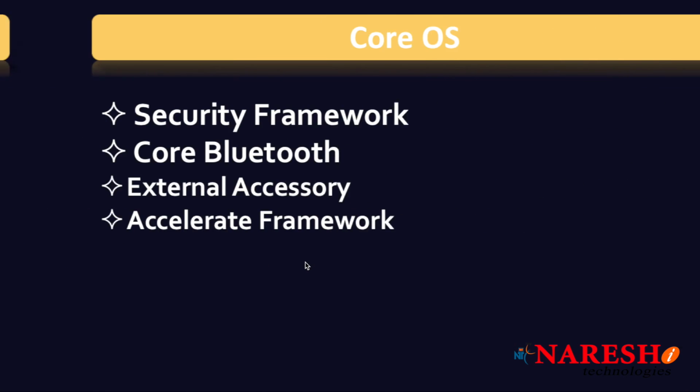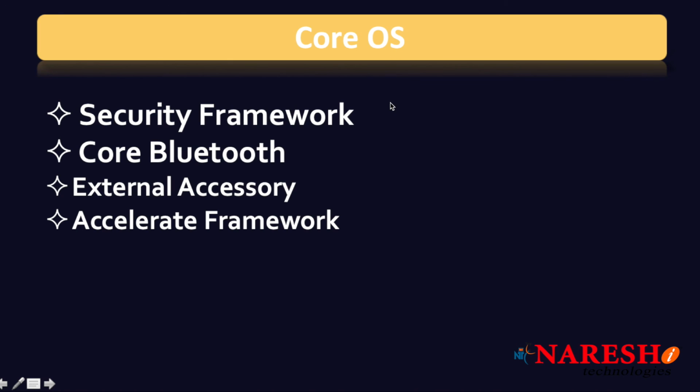Next we'll see the Core OS. The Core OS basically provides frameworks like the Security framework, Core Bluetooth, External Accessory and the Accelerate framework. The Security framework is just to maintain security for the device features, and with Core Bluetooth, if you want to implement the Bluetooth feature from your application, yes, we can do it. External Accessory basically provides some classes in order to identify any external device, whether it is connected or not, like a headset or any card readers or any pharmacy equipment.